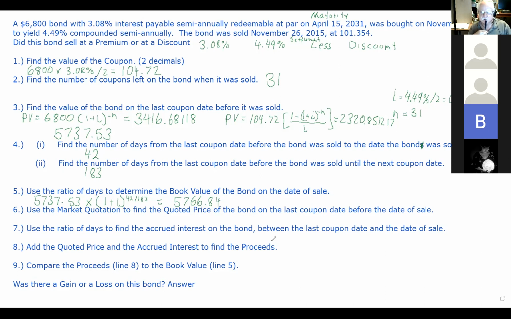And then use the market quotation to find the quoted price of the bond on the last coupon date before the date of sale. So this is the quoted price here. So we'd have to take the 101.354% times 6800.